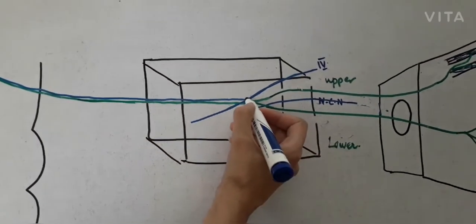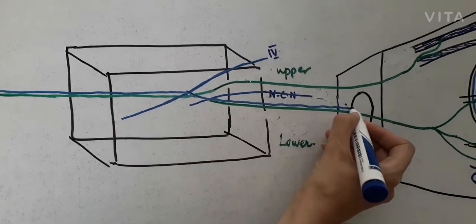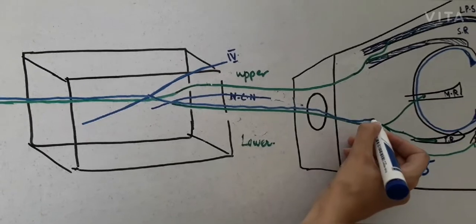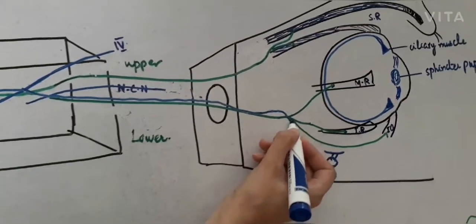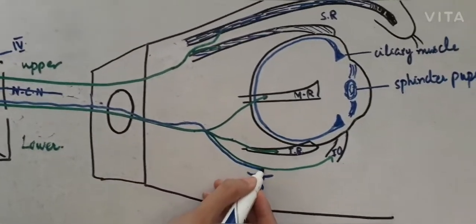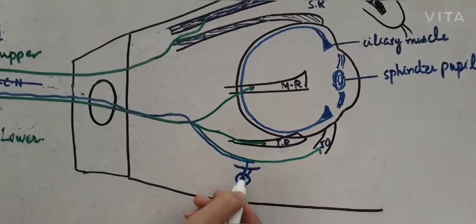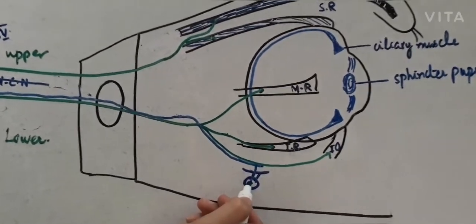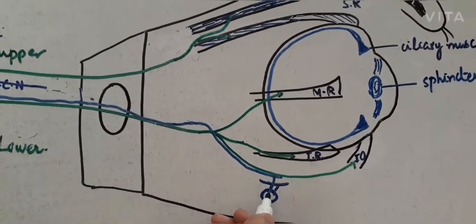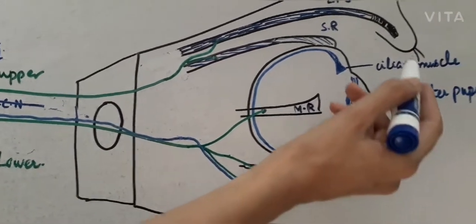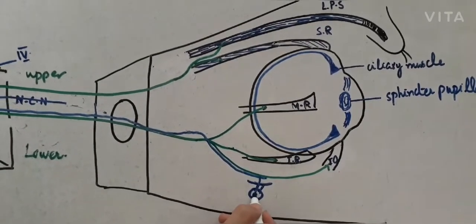Then they join the lower division of the oculomotor nerve, pass through the superior orbital fissure, and then they join the branch to the inferior oblique, and in its course they reach the ciliary ganglion. From here postganglionic fibers arise, and they supply the two muscles in the eyeball that are the sphincter pupillae and ciliary muscles. We will discuss their supply with the ciliary ganglion.